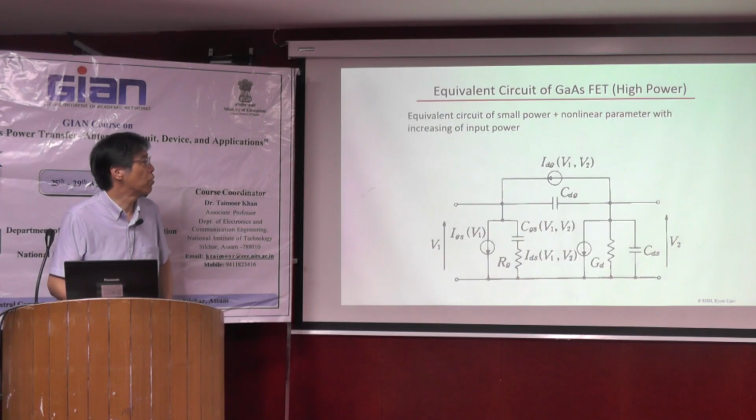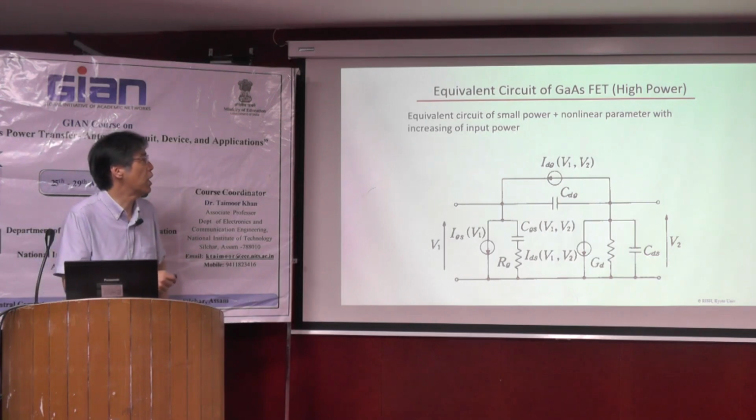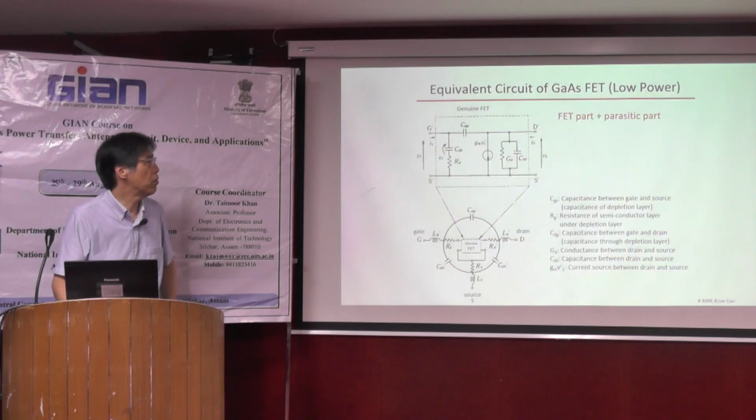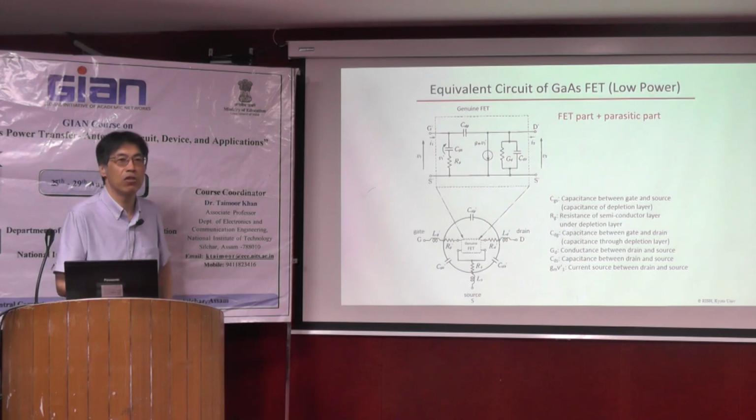So if we add much higher power onto the semiconductor, we must add these parasitic elements. Usually these parameters are shown in the semiconductor catalog, but it's mainly for the low power situation only.